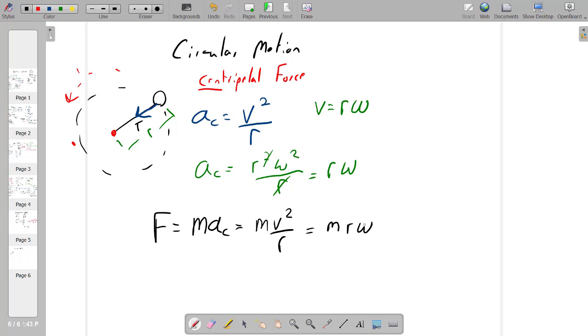All right, so we did things like a roller coaster going around, and at the top, what's causing the roller coaster to go in a circle? What's the force?